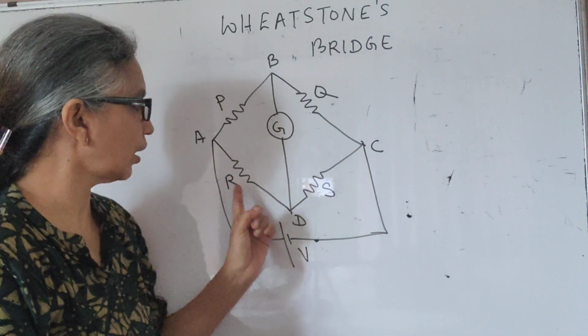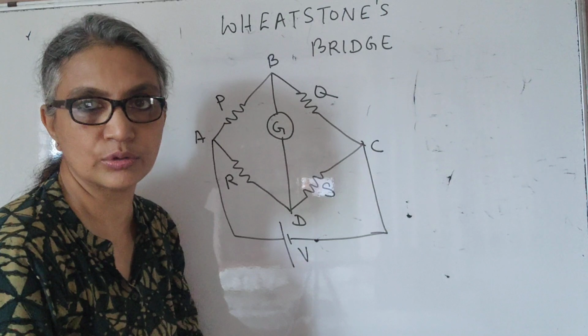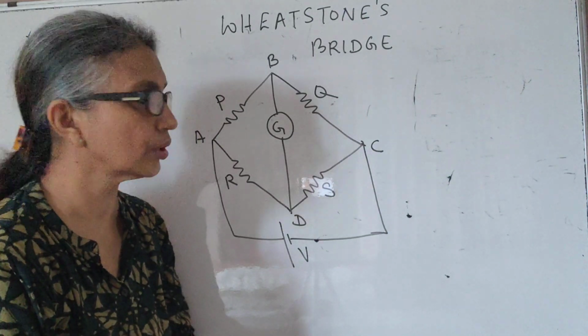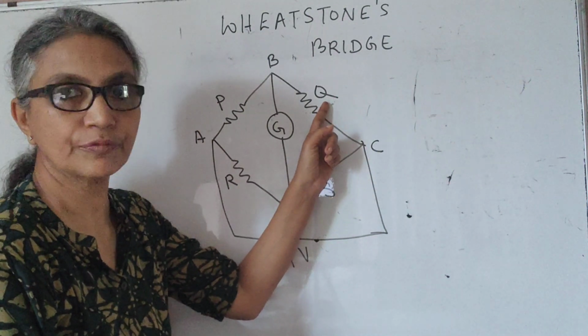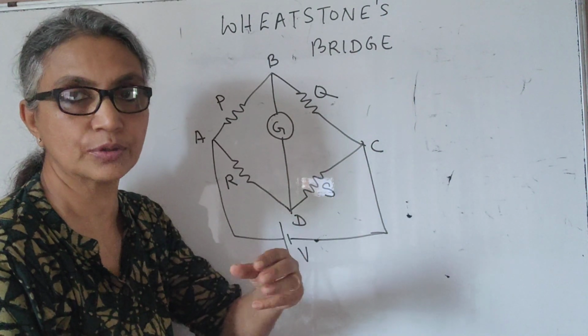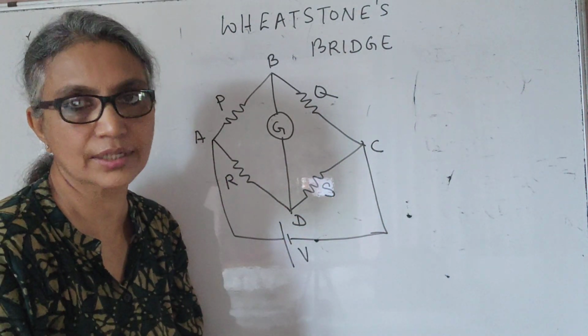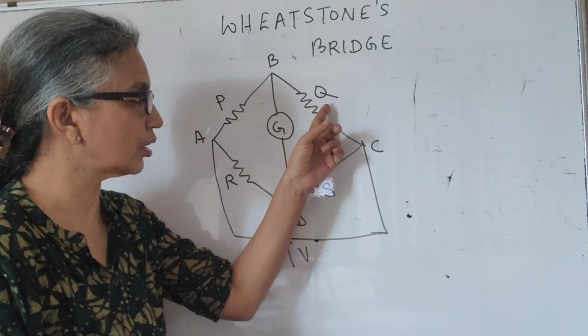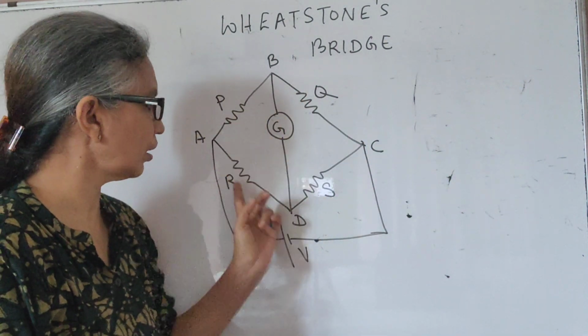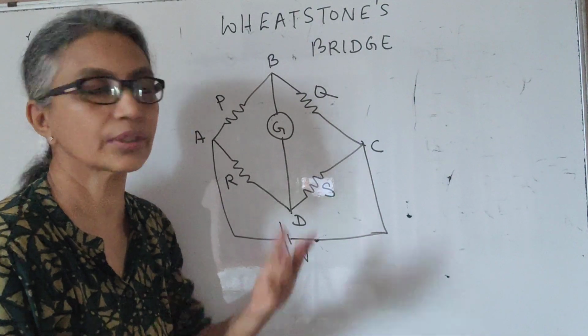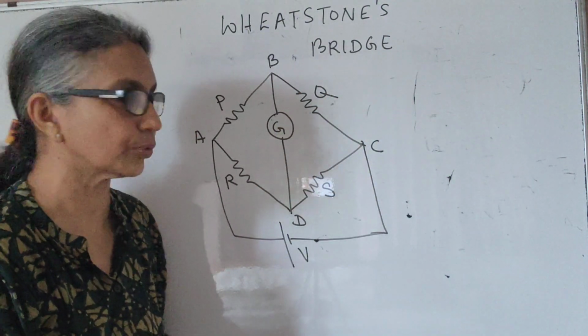Now, if P, R and S are known values of resistance, then you can find out the value of Q. For example, in the lab, you will be given a coiled wire and asked to find its resistance. So to find this unknown resistance, if P, R and S are known to you, you can calculate Q. This is what we are going to do.